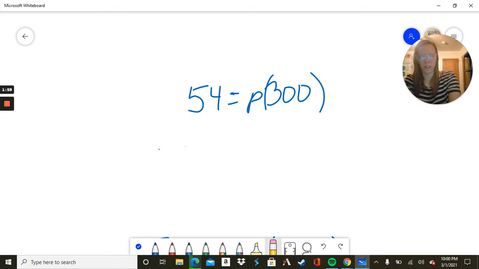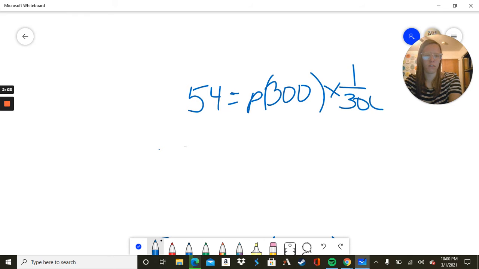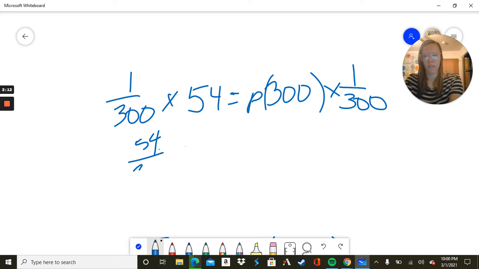We actually want to multiply this times 1 over 300, which is the same as dividing, but then we simplify 54 over 300, because remember 300 is our 100%.